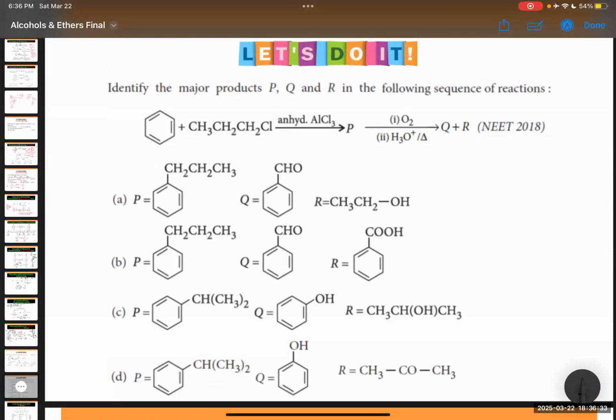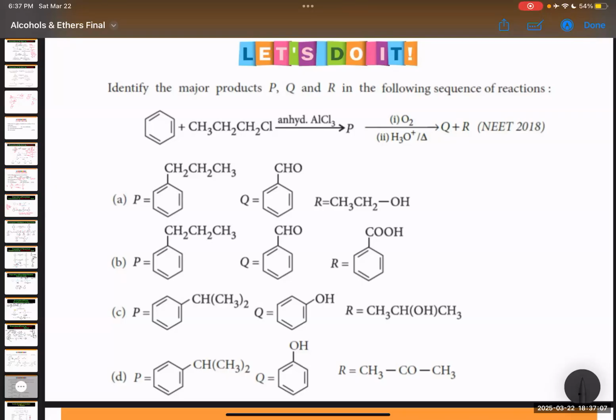Next question. Just try it quickly. In this question, they have not provided us with the cumene. Instead, they have started with the benzene. So benzene, you need to do the alkylation of benzene.